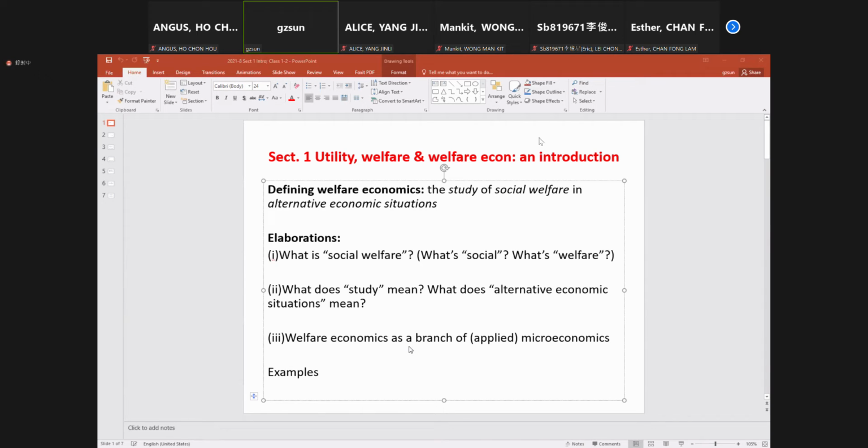Okay, now let's continue our discussion about the introduction part. As mentioned earlier, we study social welfare. And so this is the subject matter.